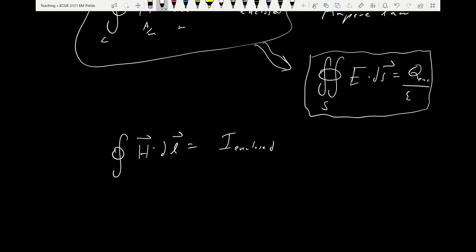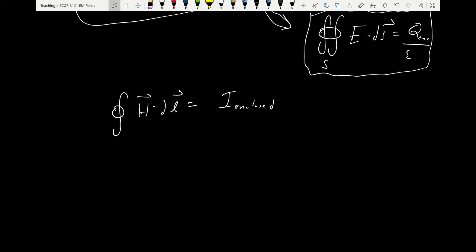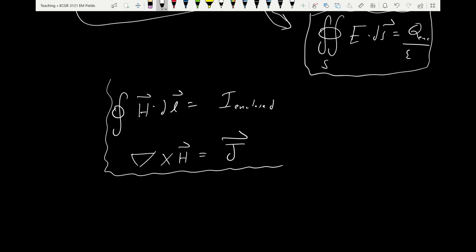What is the point form? Well, the point form is curl H equals J. This is the point form, or the differential form, of Ampere's law.